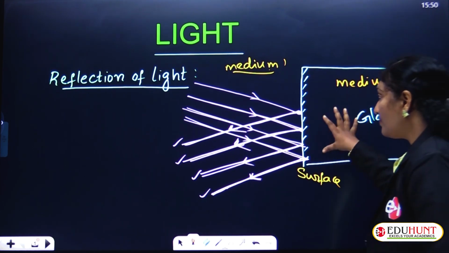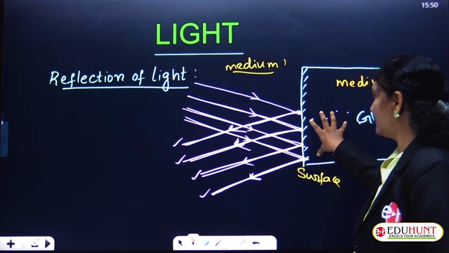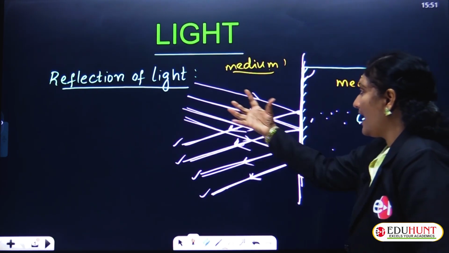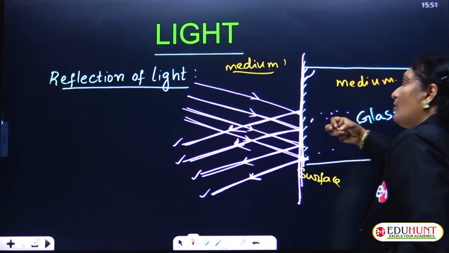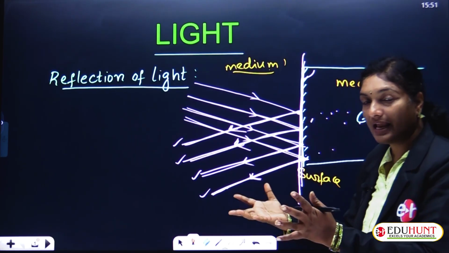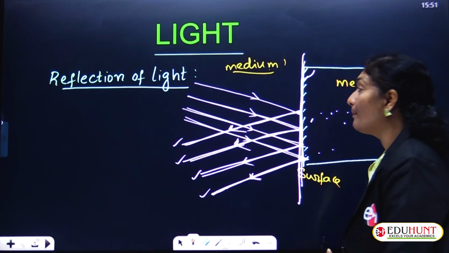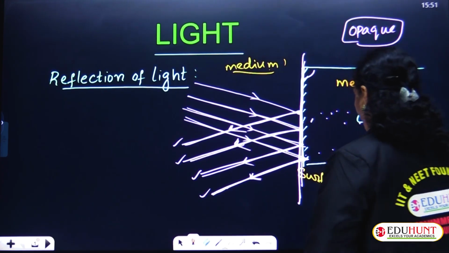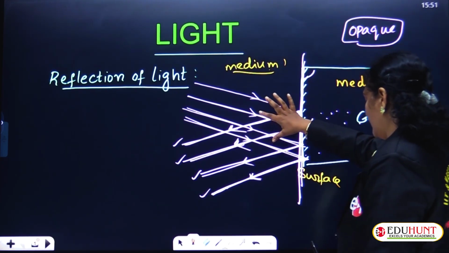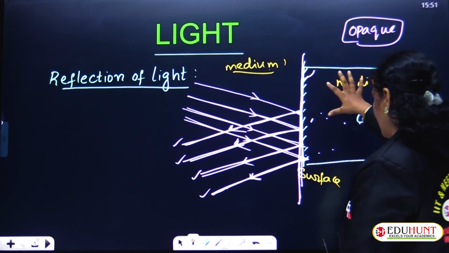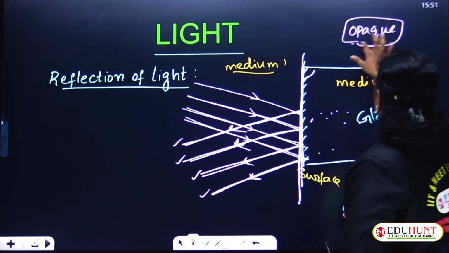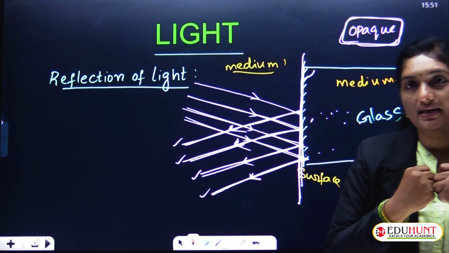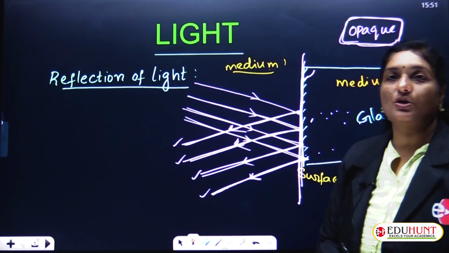Suppose the surface absorbs all the beam of light striking on it, then that type of surface is called an opaque substance. What is that called, children? Opaque. If it completely absorbs the light ray falling on it, that type of surface is called opaque.